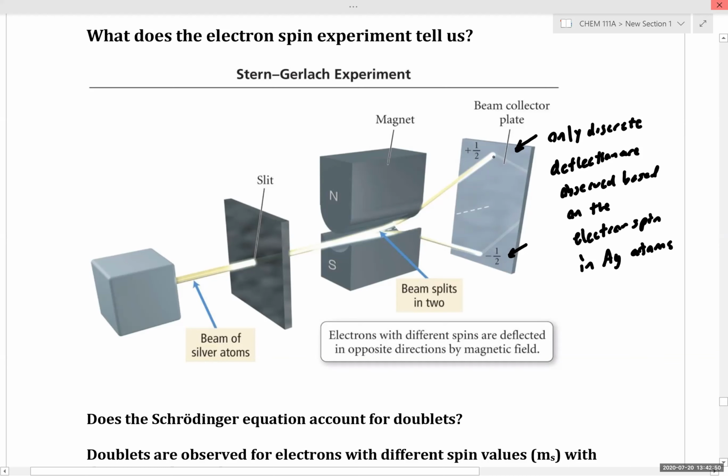So we see this very clear deflection of our silver atoms based on the electron spin of electrons in our silver atoms as they align or repel relative to the magnetic field.